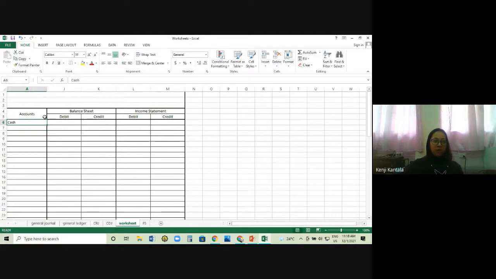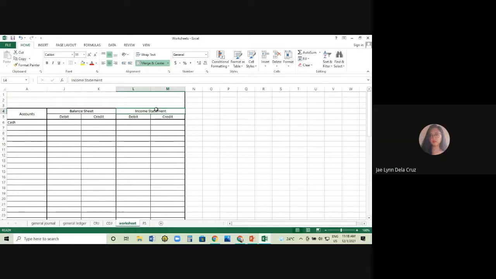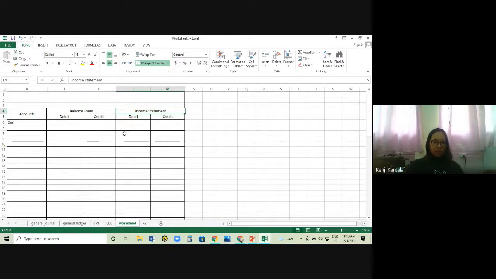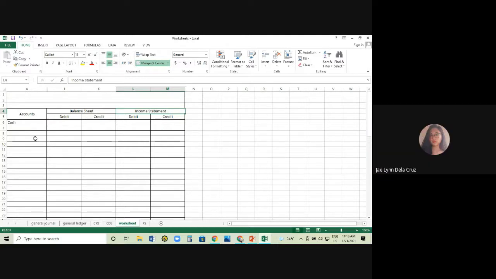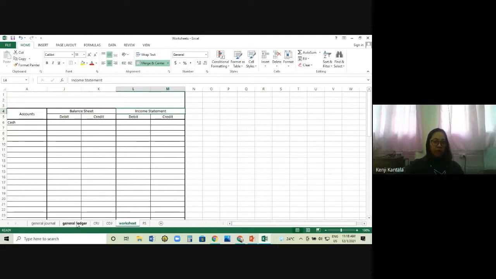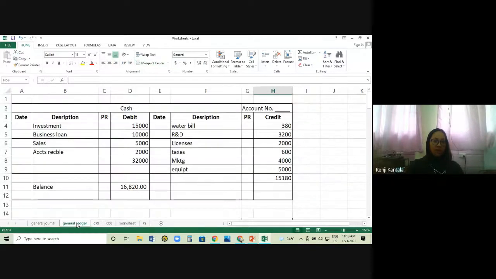Ngayon, si cash, where do we reflect it? Is it part of your balance sheet or part of your income statement? Yes, Miss Jaylene. Yung cash natin. Ma'am, balance sheet po. Okay, so yung cash natin mag-appear siya sa balance sheet. So balikan natin yung general ledger.